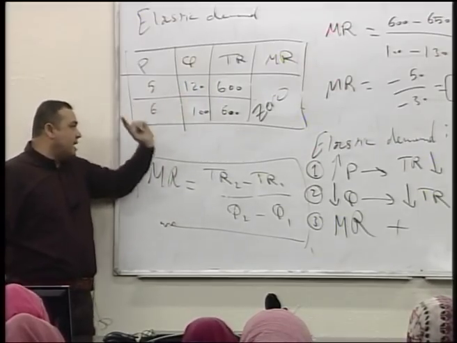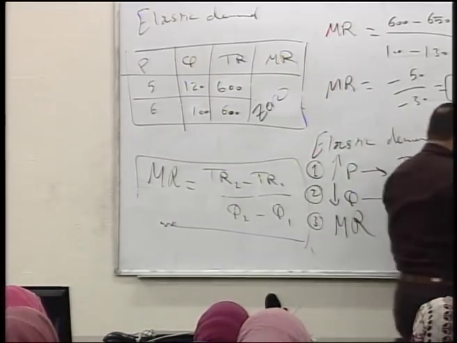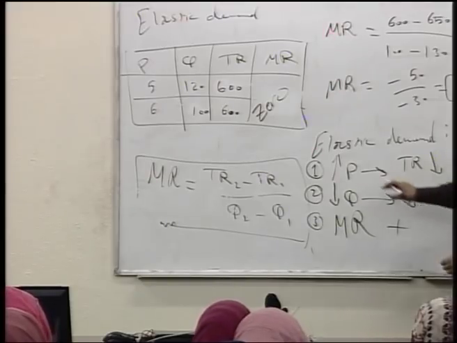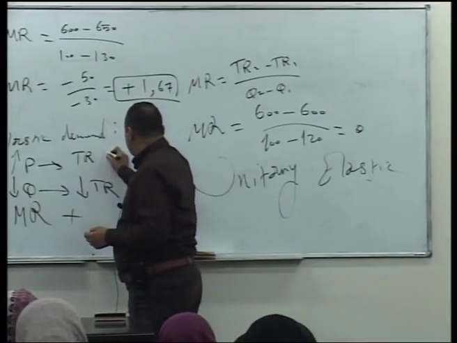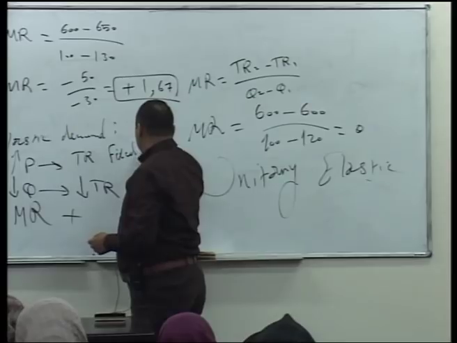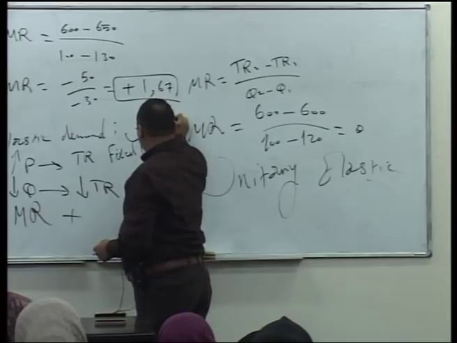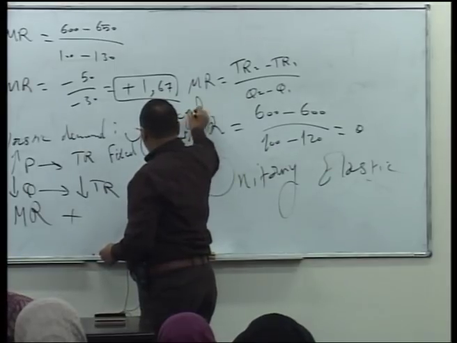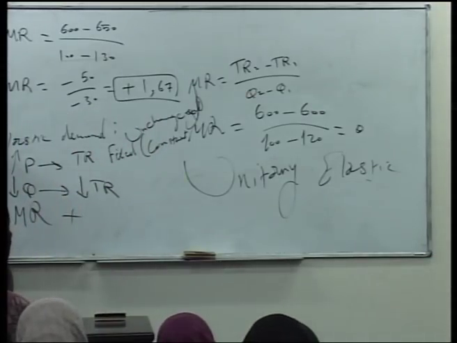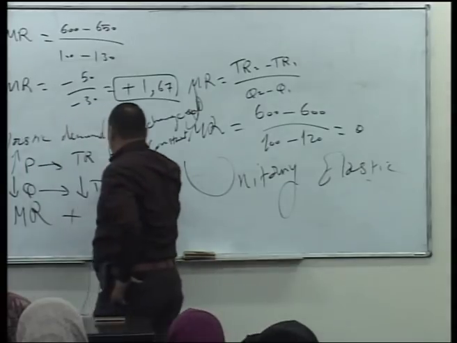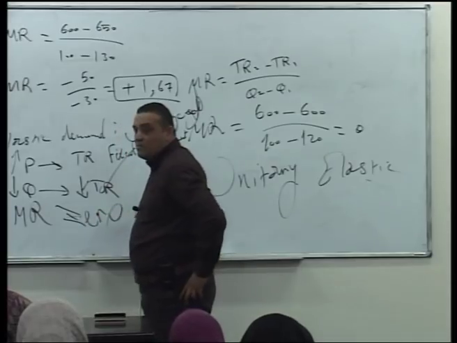As the price goes down, total revenue is unchanged. MR equals zero. As the quantity goes down, total revenue is fixed or unchanged, and MR is zero. Right?